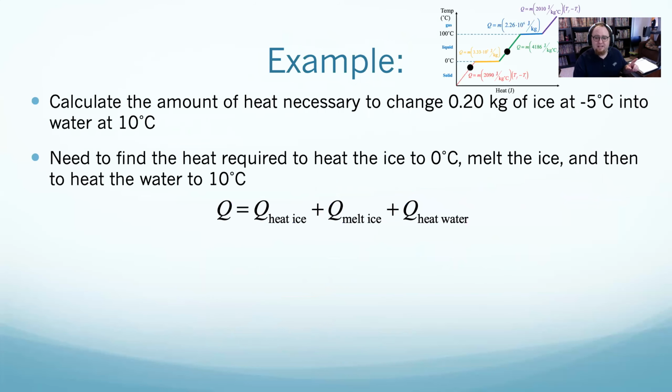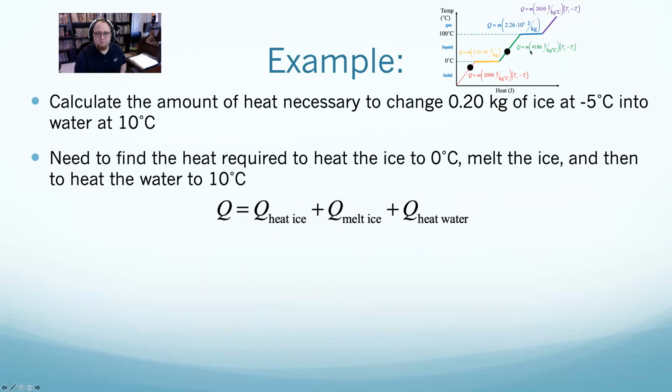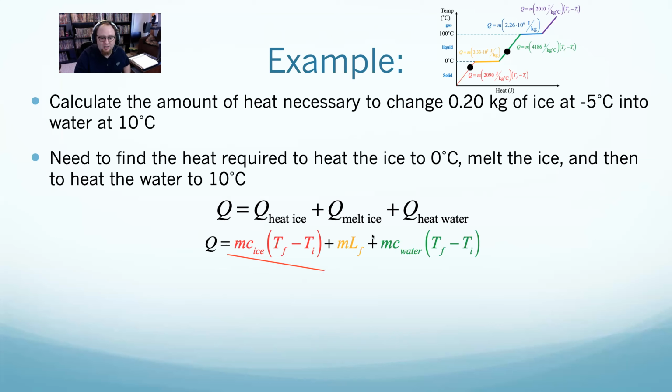So I'm going to make that smaller so I can talk about it at the same time. If I'm going to go from -5 to 10, I have to first go from -5 to 0 for ice. That's my red equation. Then I'll have one equation just to get to 0 degrees, because just getting to 0 degrees is its own thing.